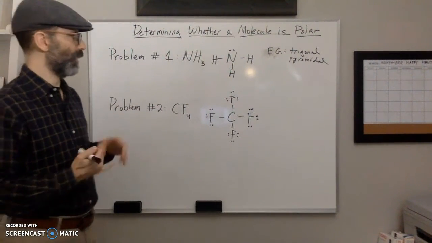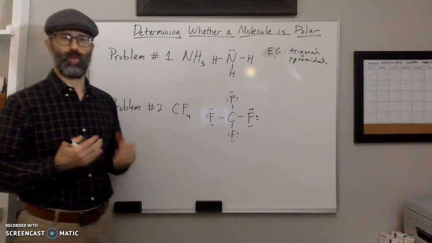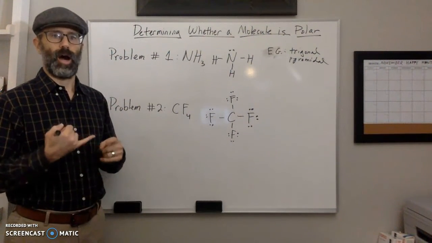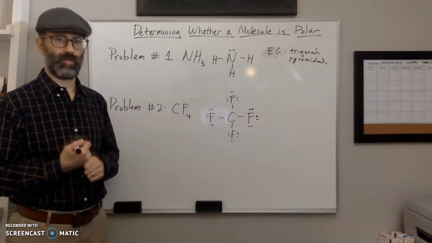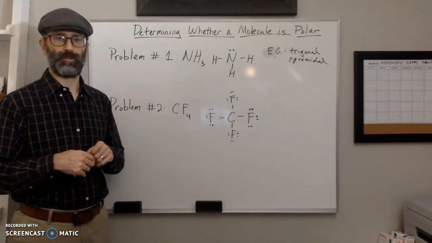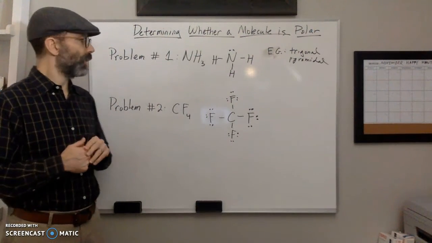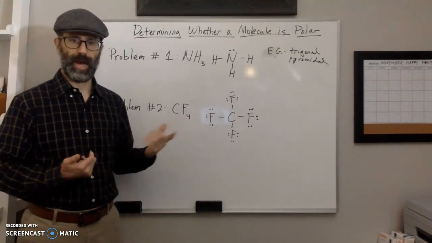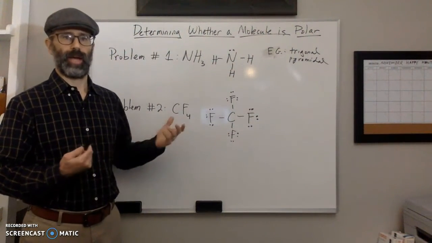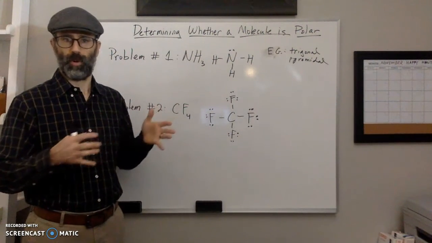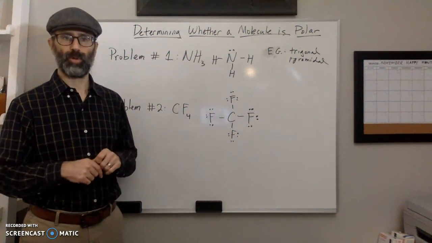And now you have to look at what your molecule looks like. One of the things you want to consider is, are all the atoms the same or different? Before that, you have to figure out, are the bonds polar? You look at the difference in electronegativity of the atoms, and if it's 0.5 or greater, then you know you have polar bonds.